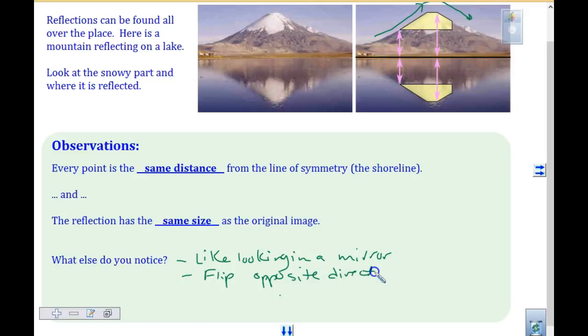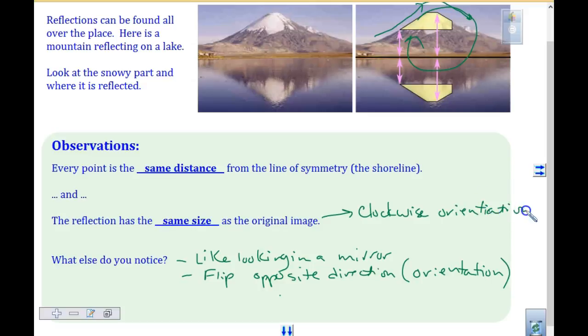So by opposite direction, and this is a key word in mathematics, we use the word orientation. Orientation means that if I was going up this mountain and around, that's like going around a clock, right? So for the original, I want you to put clockwise orientation.